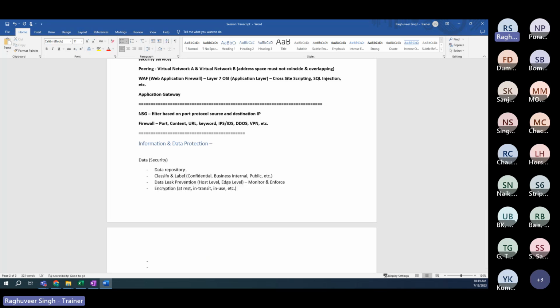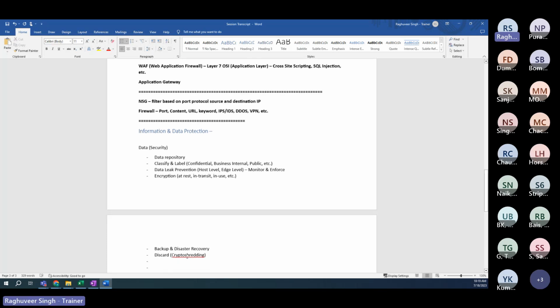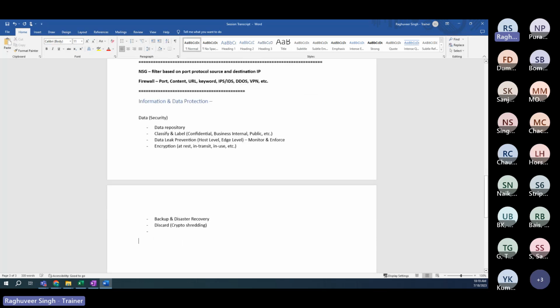And then I will also need to configure backup and disaster recovery of my data, which is very important. And in the end is the discard. How do you discard the data? For that, I should be using crypto shredding. So this is my entire data security life cycle that I need to be aware of as a security professional.